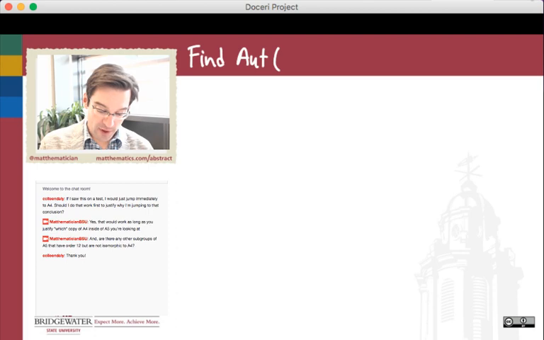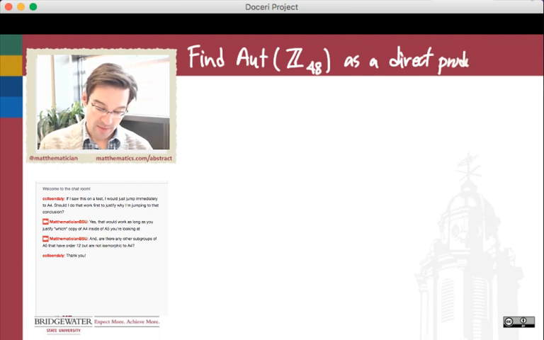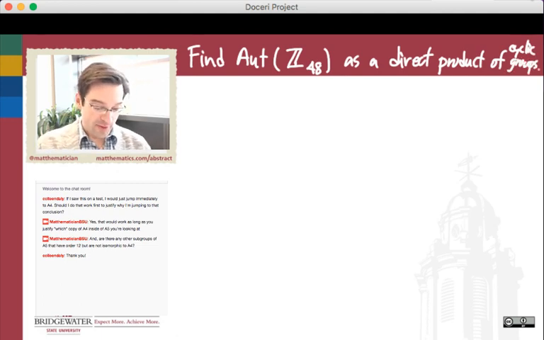What I'd like to know is, what is the automorphism group of Z30, how about Z48, as a direct product of cyclic groups? So I've just kind of put a scary thing on the screen. The automorphism group of Z mod 48.